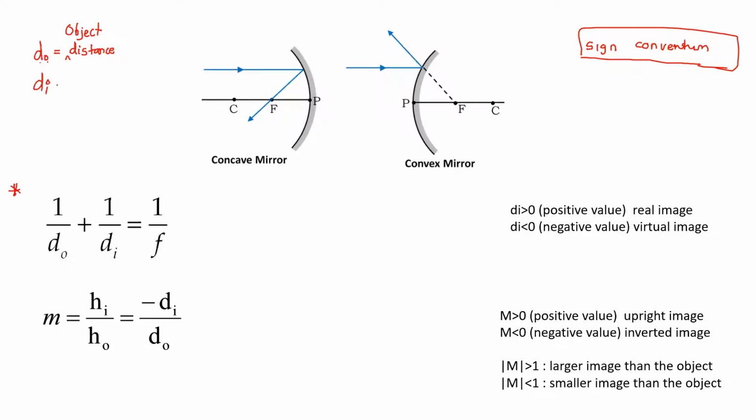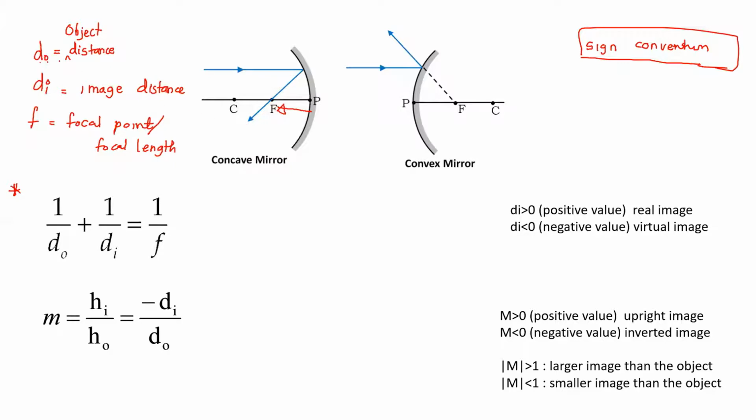Di is what? Image distance. F is the focal point or the focus, the distance to the focal point, or the focal length. Some people call it the focal length. Okay. So F is this length.